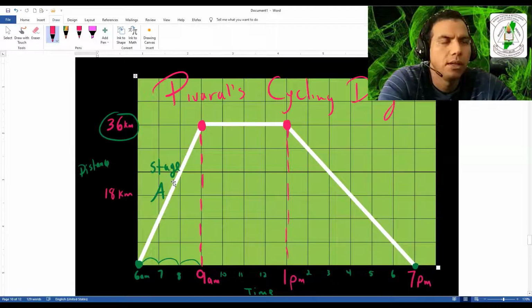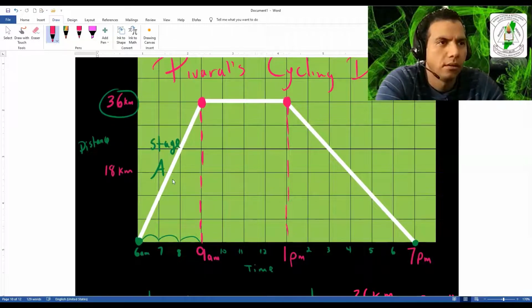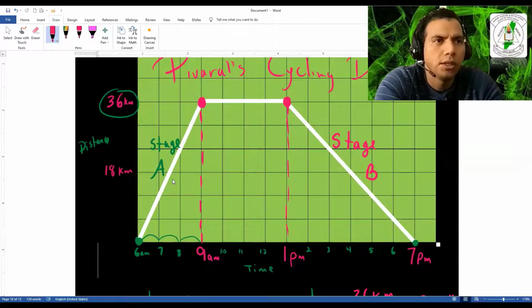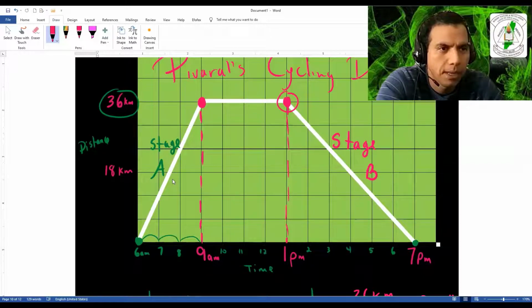Now we need to calculate the speed at stage B. If you notice once again, that is 36 kilometers and that began at 1 o'clock. So from 1 to 7, how much time is that? We can do 1, 2, 3, 4, 5, 6 hours.